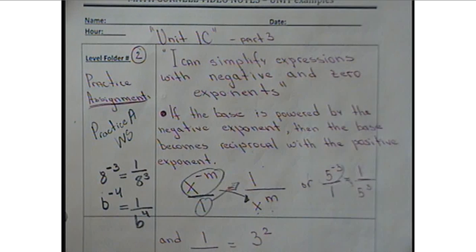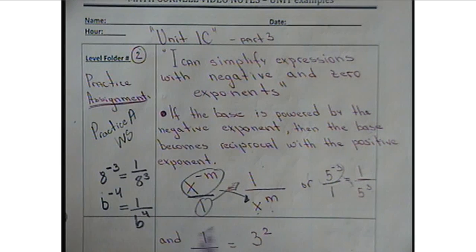So your job is always, if it's a negative exponent and it's on the top, you move it down and make it positive. If it's already on the bottom and you want to make it positive, you move the term up. We will do some examples together so you will see.